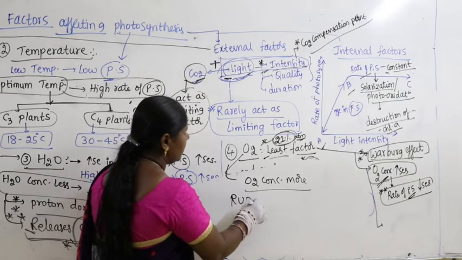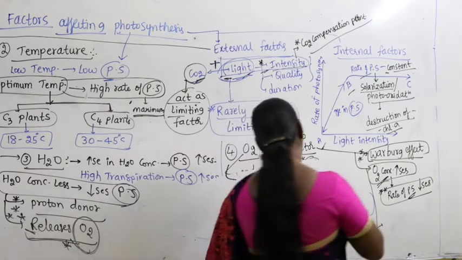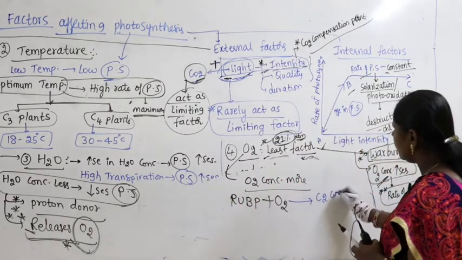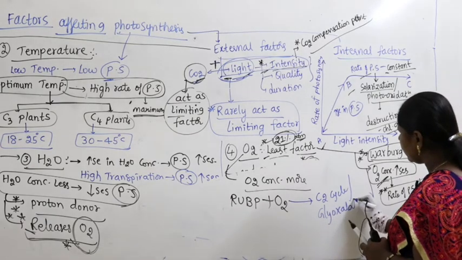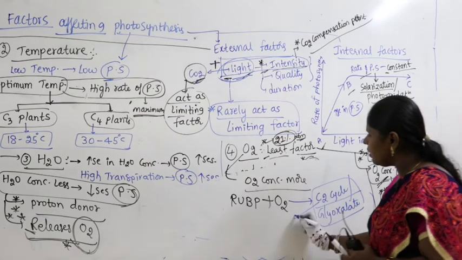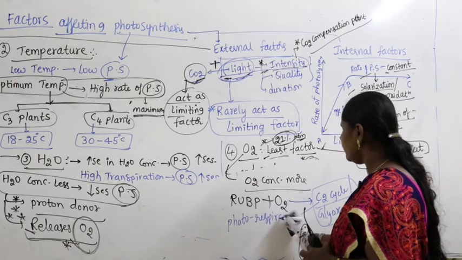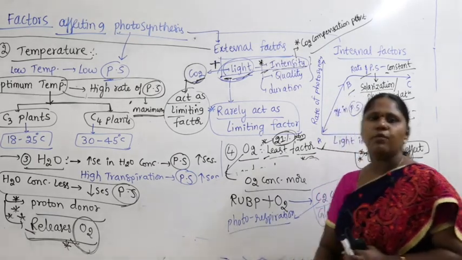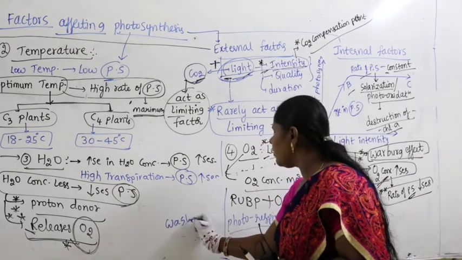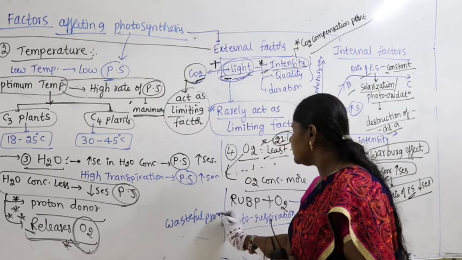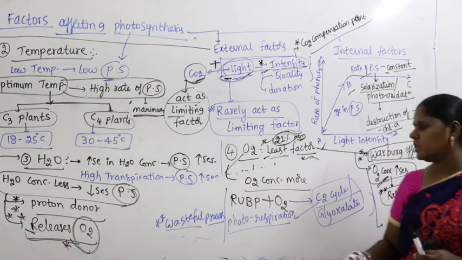Instead of combining with carbon dioxide, RUBP combines with oxygen, and it undergoes what is called the C2 cycle, also called the glycolate cycle, and itself is called photorespiration. Photorespiration is also called a wasteful process.